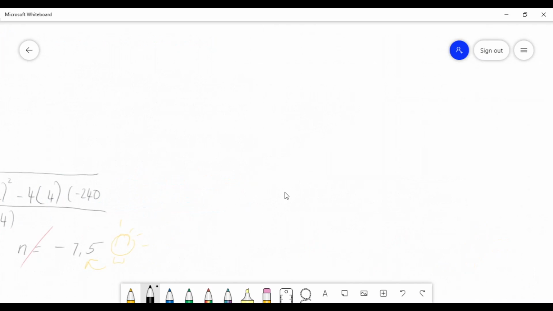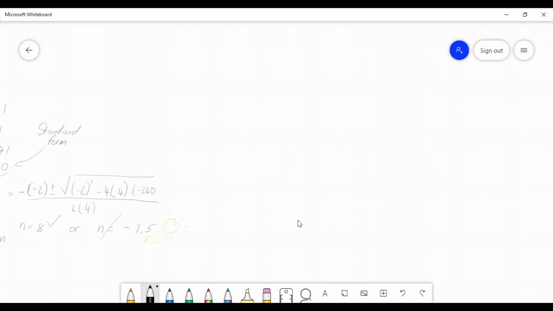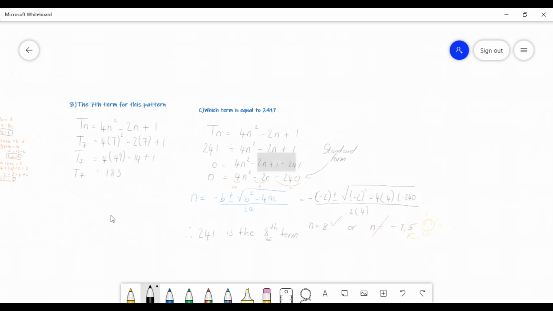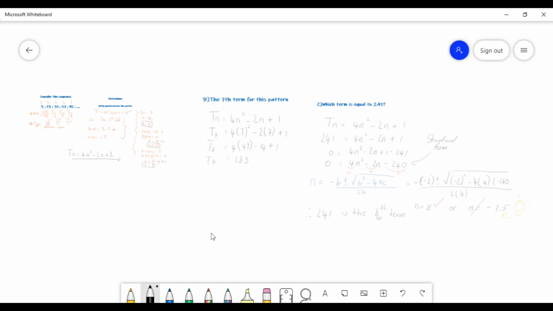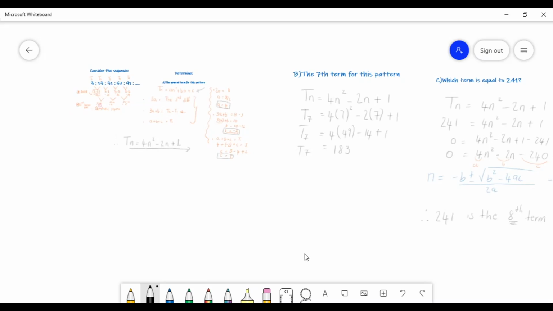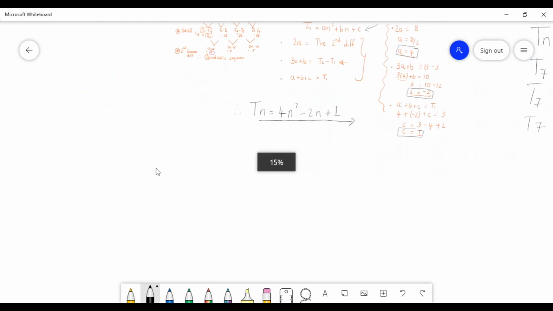So, guys, that's it for today. I'm just going to quickly do a very, very quick recap. Today, what we looked at is a quadratic sequence, and we know that when you are working with a quadratic sequence, there is a second common difference.